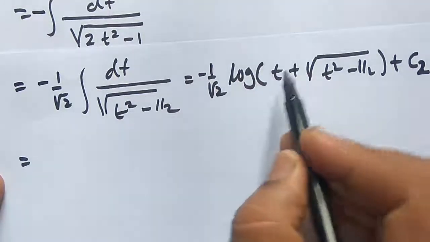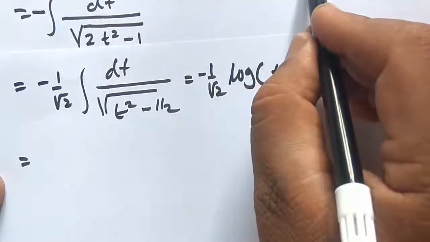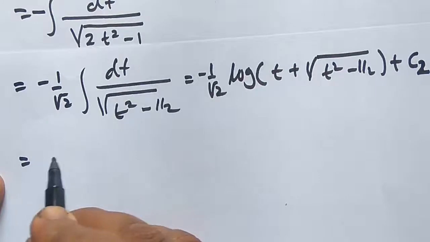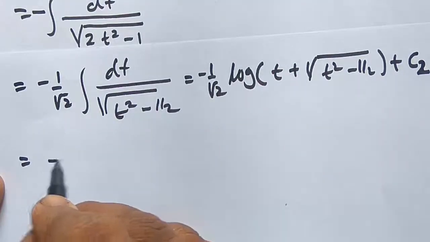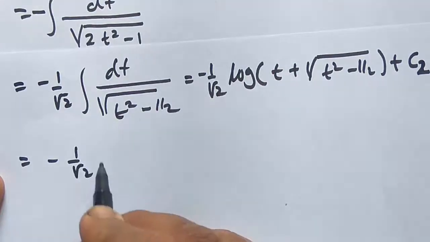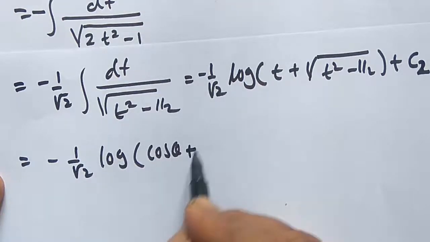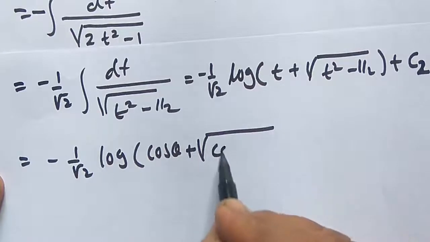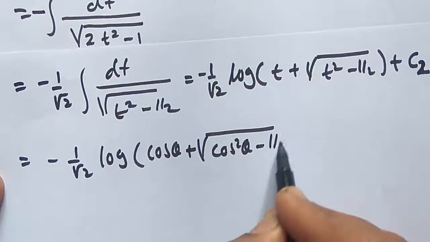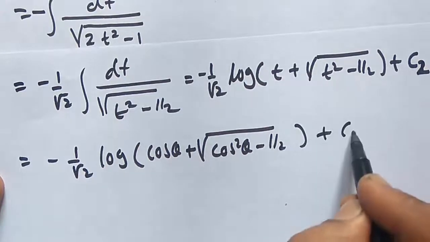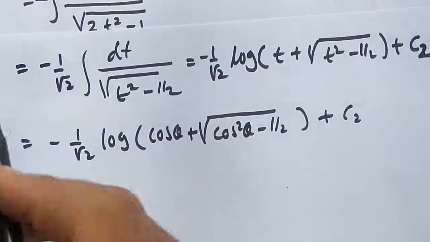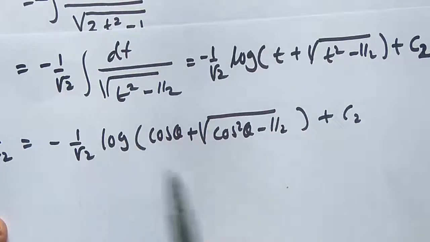Therefore, t is equal to cos theta. Putting the value of t, minus 1 upon root 2 log of cos theta plus under root of cos square theta minus 1 half, bracket complete, plus C2. So this is the value of I2.